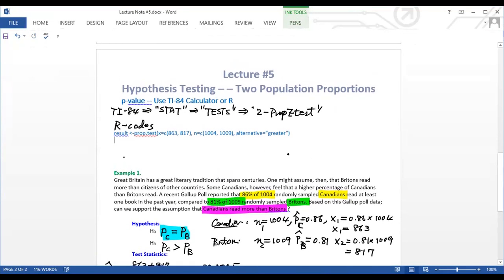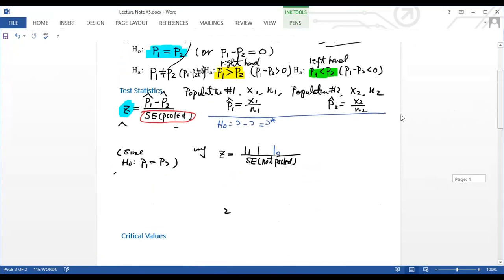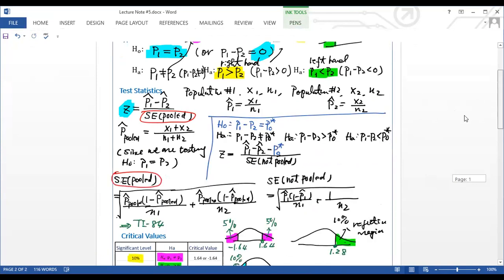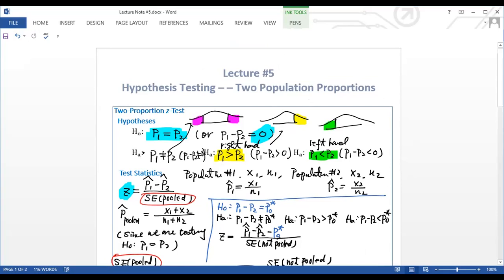Like we talked about before, let's capture what we did. Basically it's the same thing: you test the two population proportions, are they different? We always have three different alternatives, and your null hypothesis is that they are equal.